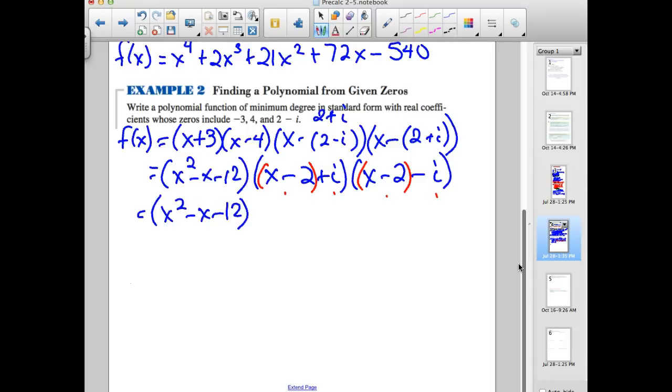All right, so FOILing this, we are going to take x minus 2 times x minus 2, which gives us x squared minus 4x plus 4. Then we take insides and outsides and they drop out. And then we have our last term, i times negative i, so negative i squared.